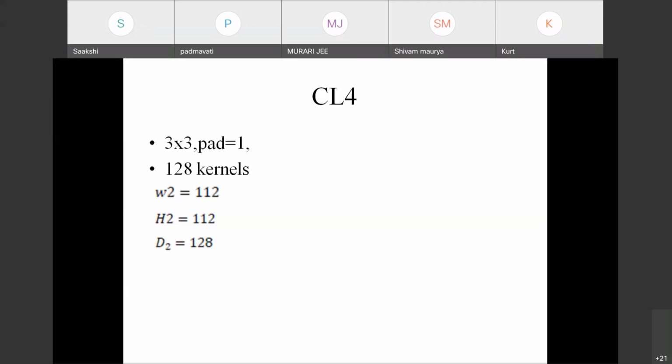Next layer, again 3 cross 3 filter size, padding 1, 128 kernels. Again, we will be obtaining width, height, and depth as 112, 112, and 128. Can you now compute the number of parameters for this particular convolutional operation with respect to this layer?